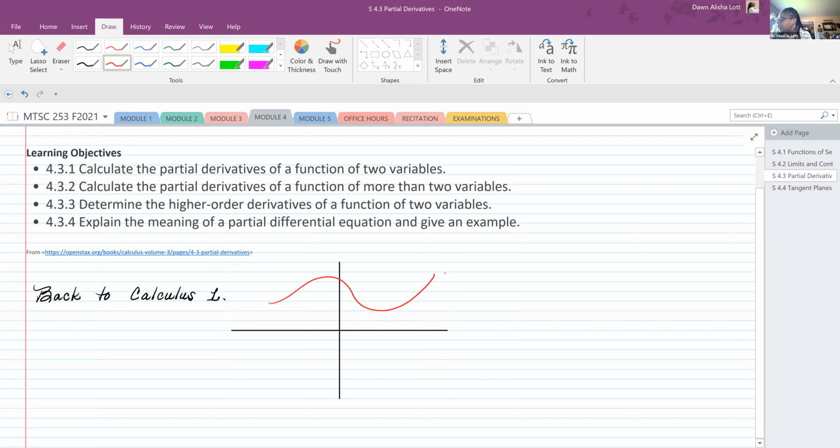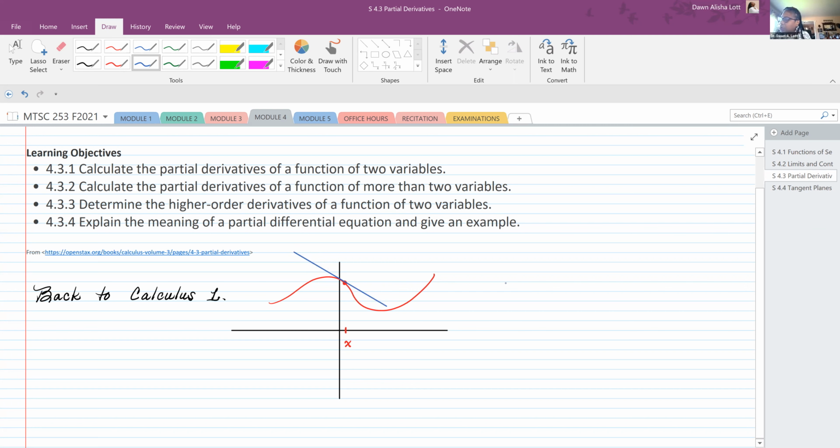It does this, and then I can choose this point right here to be some x, and I can find a tangent line to my curve at this point. It just goes through there at one little spot. Okay, so we can talk about the slope here.